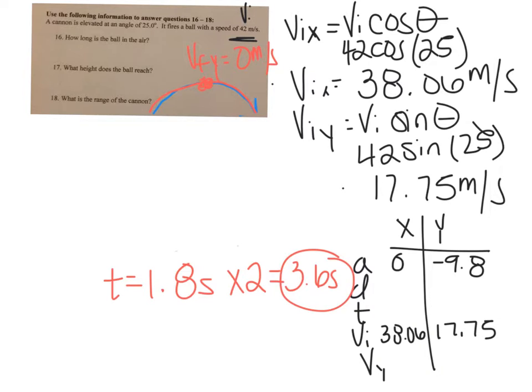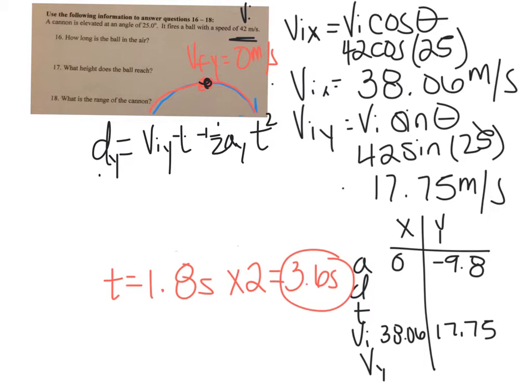So it takes it 1.8 seconds to get to the top. So right here, that's my highest point. It's halfway through. So we're not going to use the 3.6 seconds. We're going to use the 1.8 seconds. We can use our distance formula of delta Y equals VIY times time plus 1/2 AY times t squared.